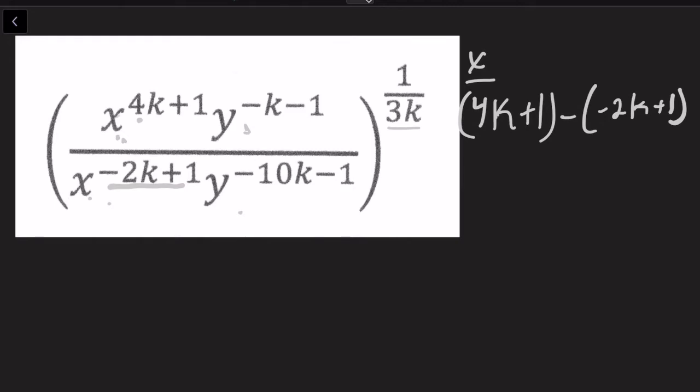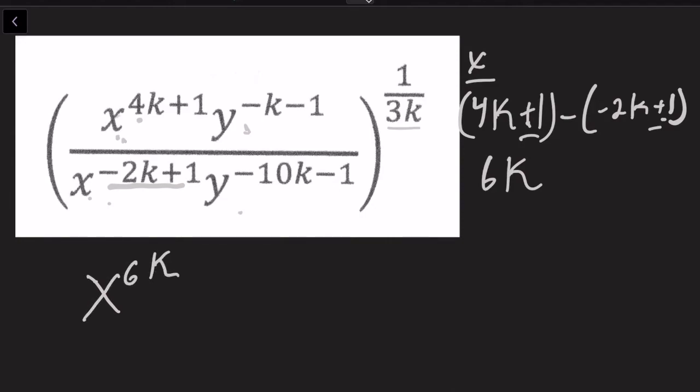So this double negative is going to become a positive, so it's going to be 6k and then a -1. So we have a +1 and a -1 here. So this is just going to become 0. So then our x is just going to have an x to the 6k on top.